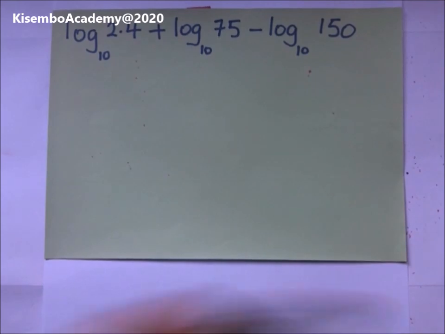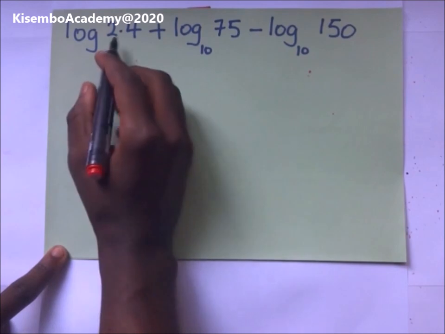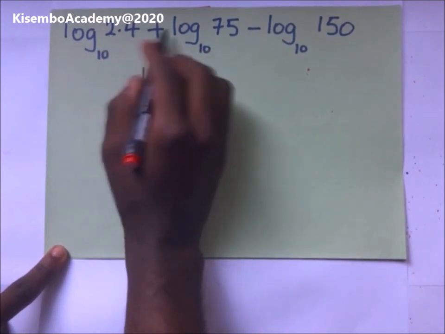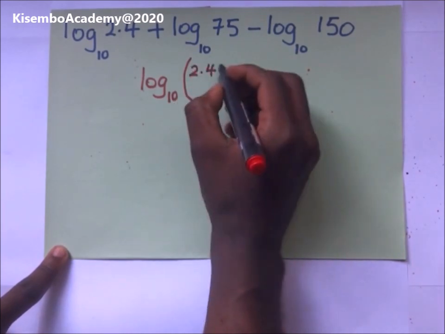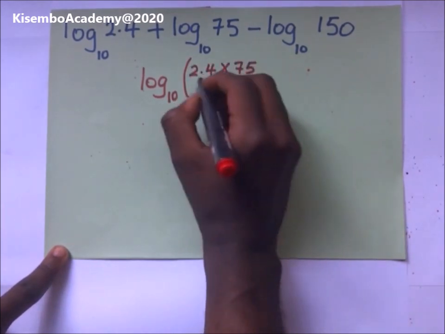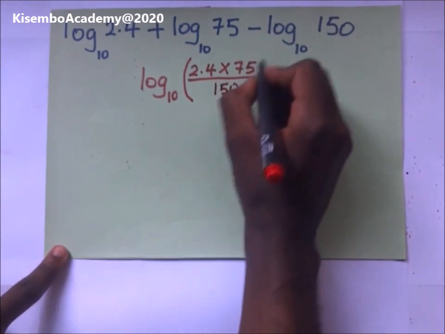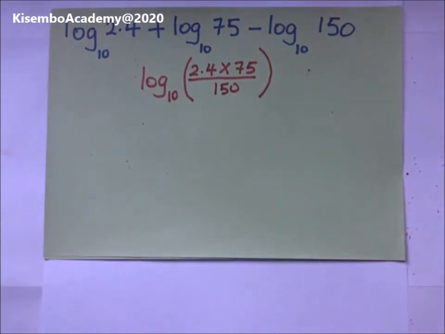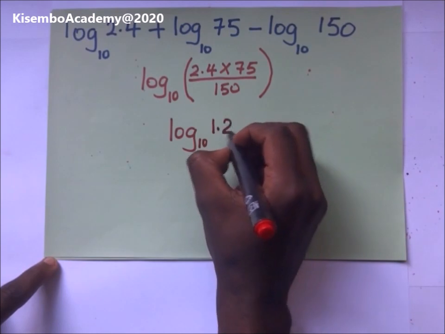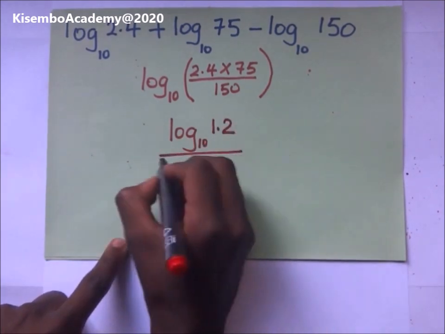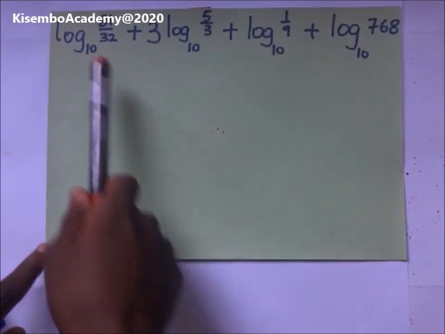So it's going to become the logarithm to base 10 of 2.4 times 75, then divide that by 150. So our answer here will be log base 10 of 1.2, and that's our answer.